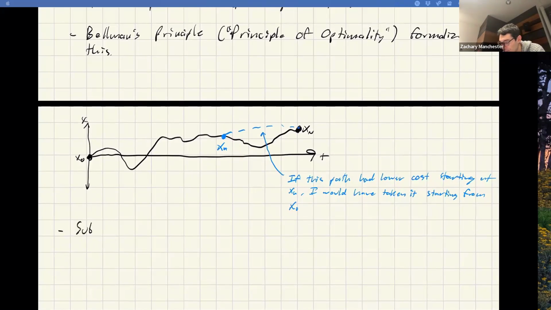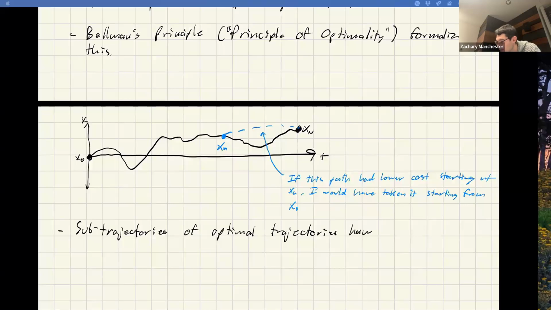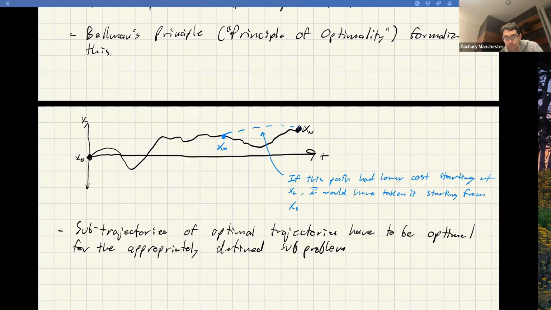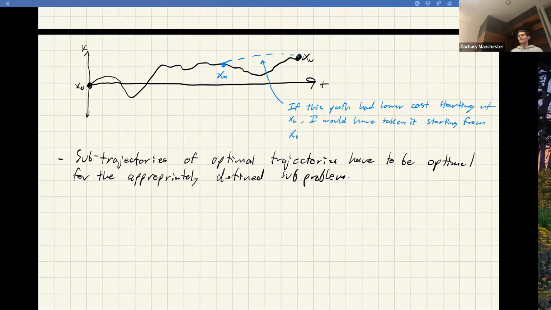Sub trajectories have to be optimal for, we'll say, the appropriately defined subproblem. Okay, cool. So that's kind of it.